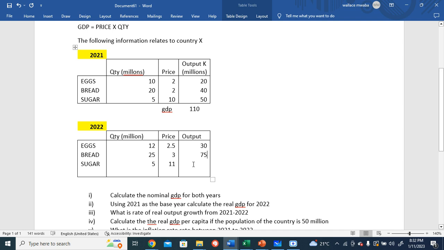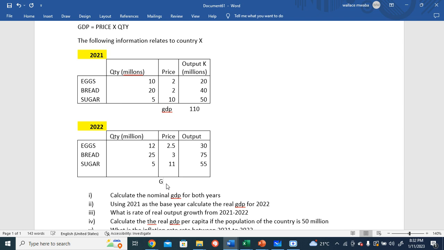For bread, it's 25 times 3, we're going to get 75 million kwacha. Sugar, 5 times 11, 55 million kwacha.